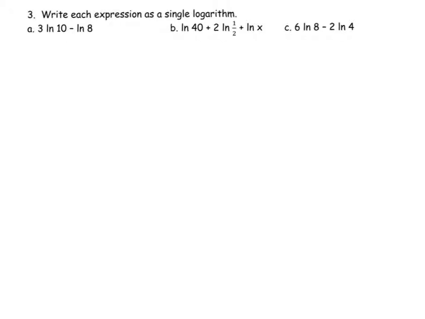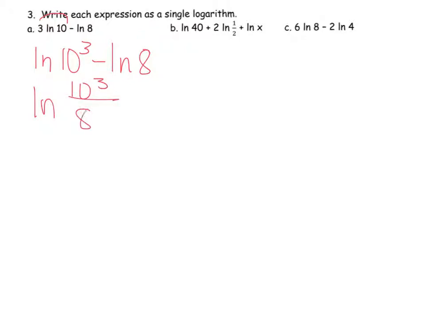We can still use our log properties. Even though it's natural log, it's going to work the same way. So here I'm going to use my power property. I'm going to move my 3 so that it's 10 to the third power, so that I have natural log 10 to the third power minus natural log of 8. And remember that our subtraction can go to division, so I'm going to have natural log of 10 to the third divided by 8.